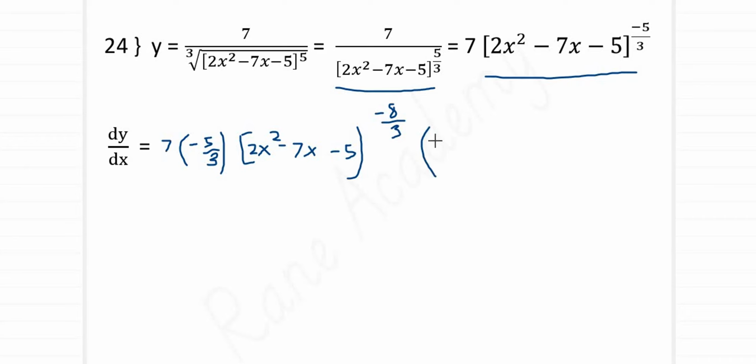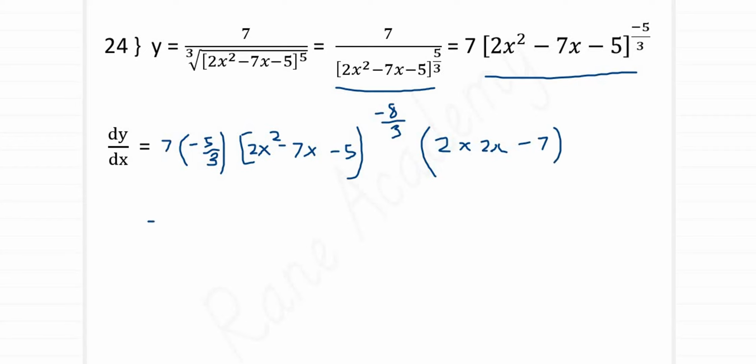So 2 is a constant, it will remain as it is. The derivative of x square will be 2x, and minus 7 will remain as it is. The derivative of x is 1 and the derivative of 5, which is a constant, is 0.